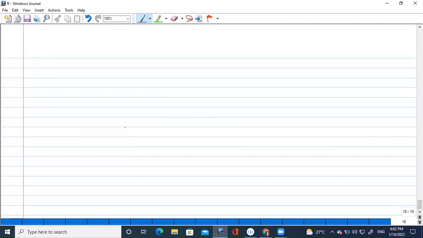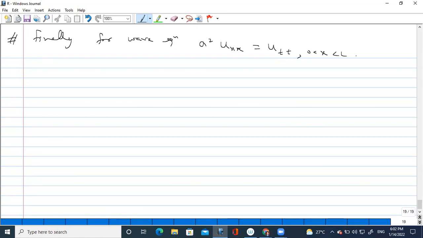So now I will summarize what we have done till now. Finally, for the wave equation a squared u double x, that is del u by del x squared, equal to u double t, where x is between 0 to L and t is greater than 0.